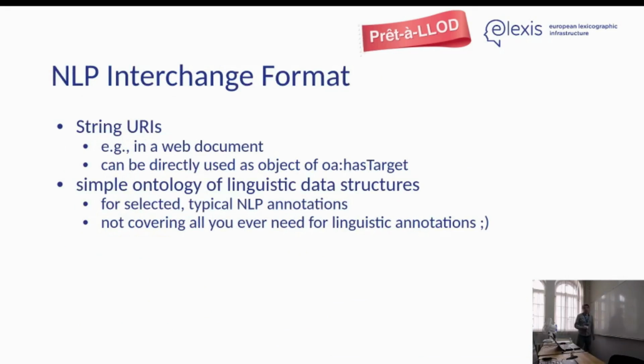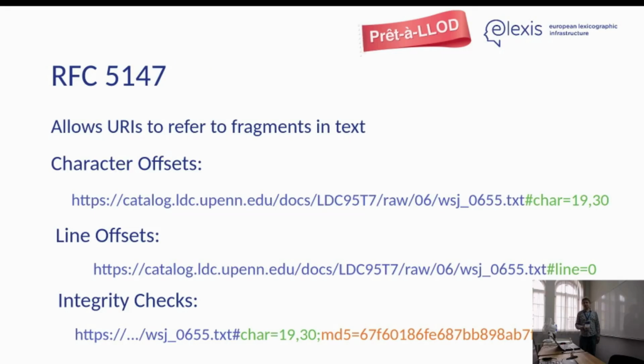So one of the solutions for this was the NLP Interchange Format. Here the idea was to simply use URIs directly as targets, and also introduce an ontology of linguistic data structures covering typical NLP cases. Or, of course, not covering everything you'll ever need, because we can't hope to anticipate this.